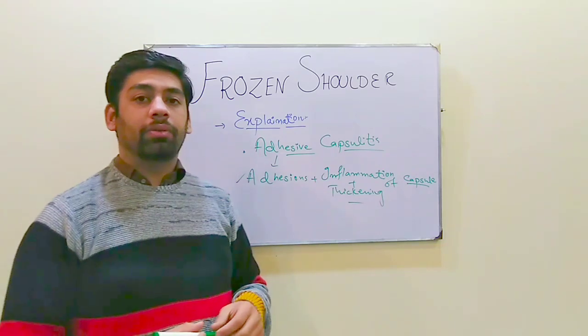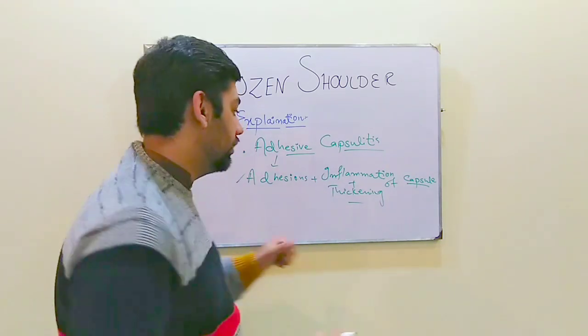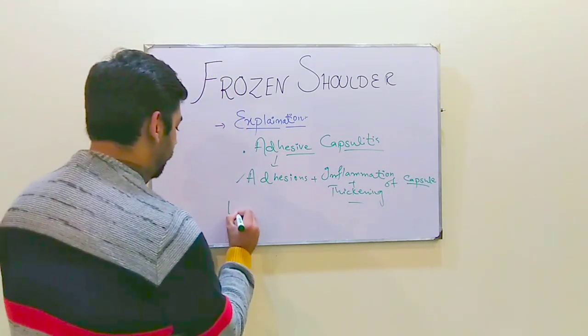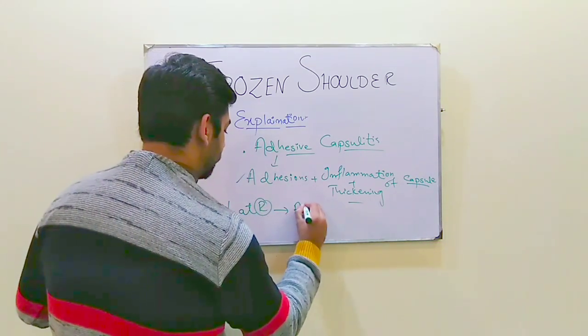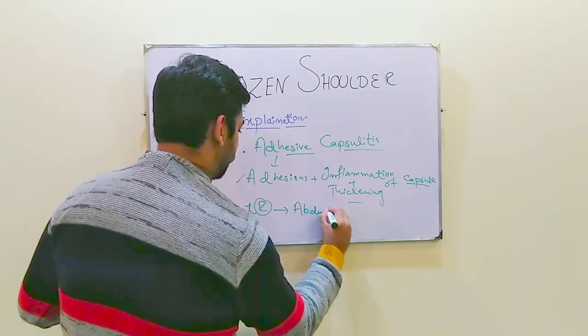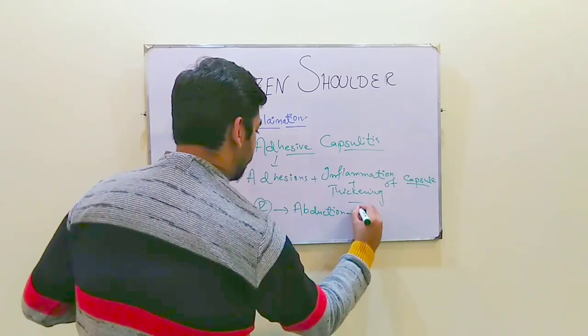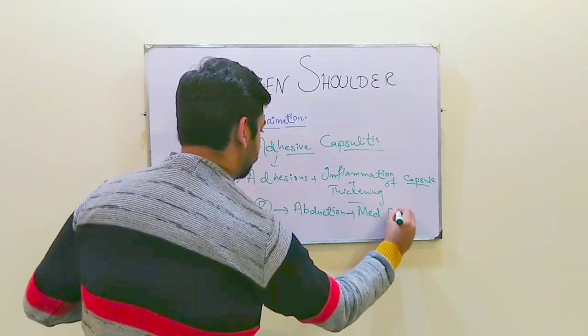So I will also write down the capsular pattern of the shoulder joint, which is the lateral rotation, then there is the abduction, and then there is the medial rotation.